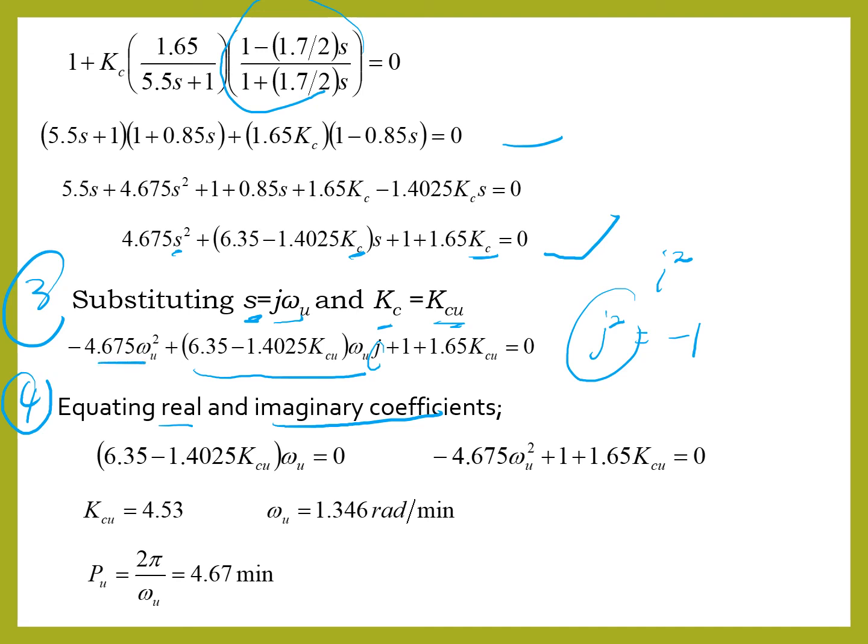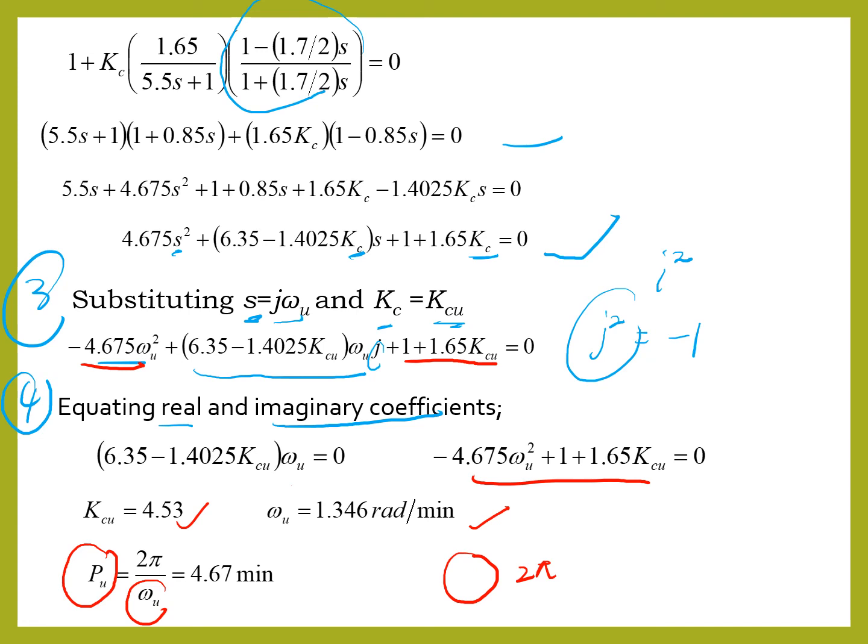Equate each with 0, so you can calculate the Kcu value and the ultimate angular frequency value. Finally, you can calculate the ultimate period, which is equal to 2 pi over the angular frequency, because one cycle is 2 pi, so that's why you divide 2 pi by your frequency to get the period.